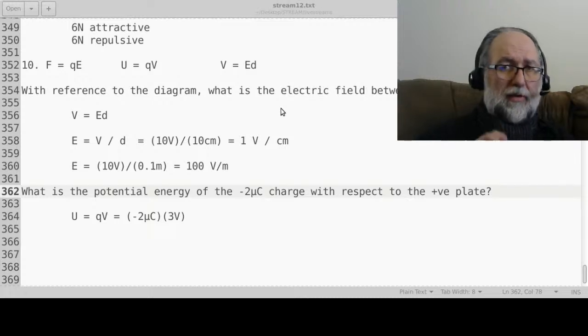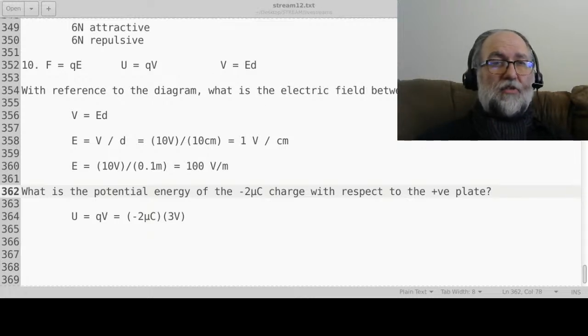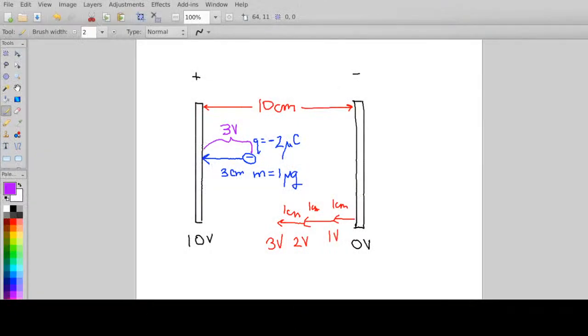Now, a bit of an aside, what if I gave you a positive charge? Let's go back to this. If I gave you a positive charge, and not to make the diagram too messy, let me see if I can put a positive charge right here. Where would it fall? It would fall this way. And how far would it fall? 7 centimeters, and 7 centimeters would correspond to 7 volts.